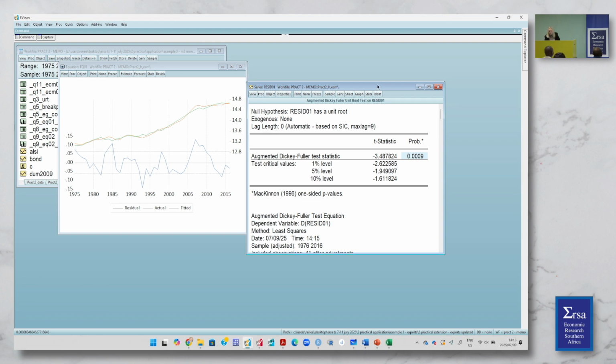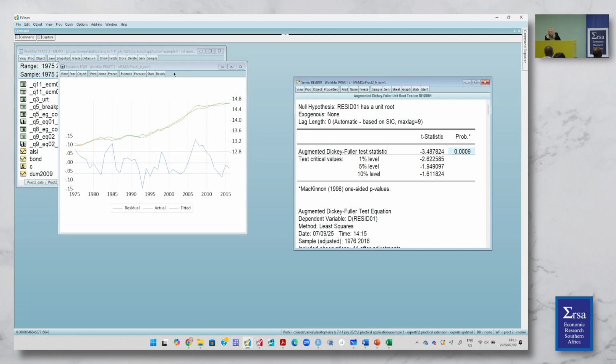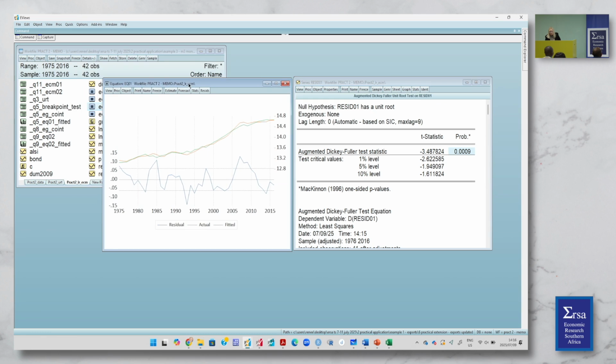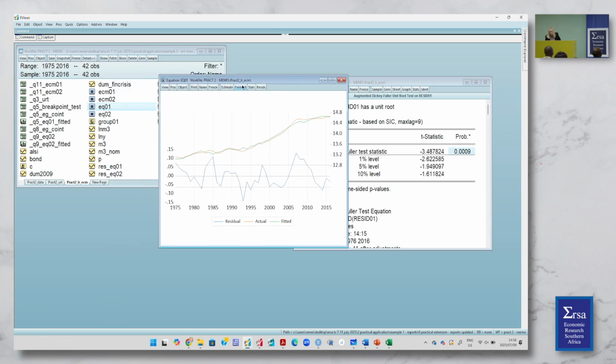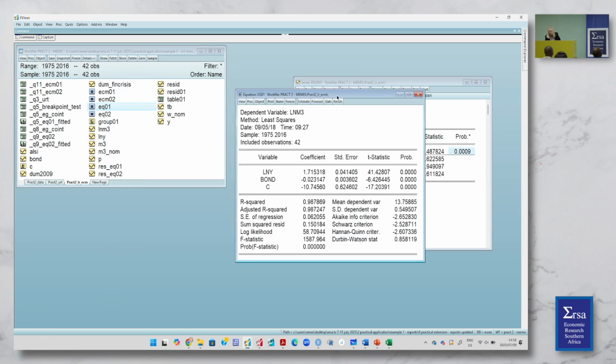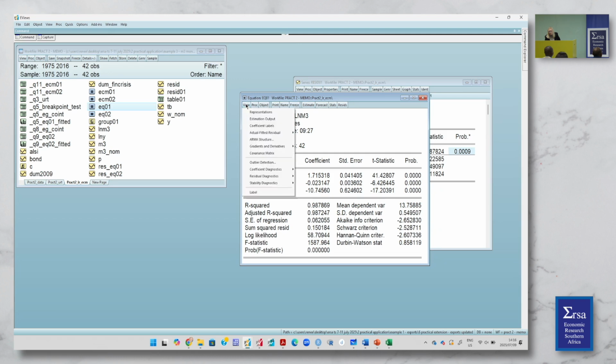What we want to do is this is the relationship. They could have put the test here, but they didn't put the co-integration test here.